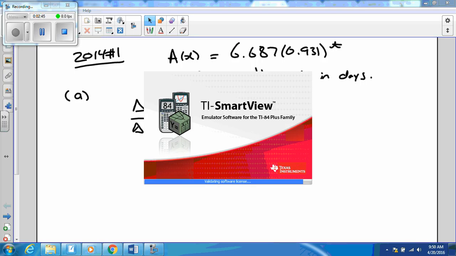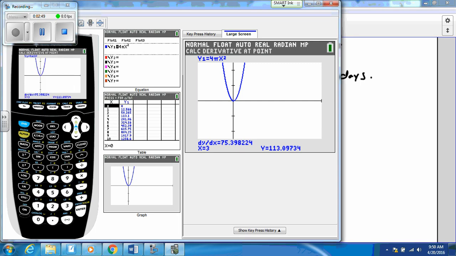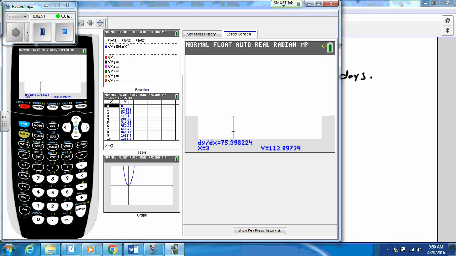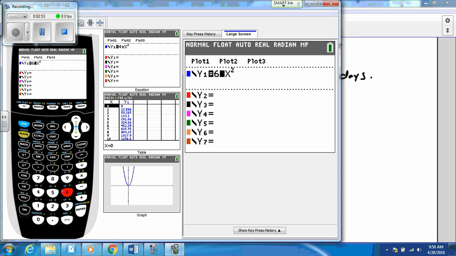Notice that this pause is so that they can validate the software process. That's good stuff. All right, so we're going to let y equal 6.687 times 0.931 to the x power.